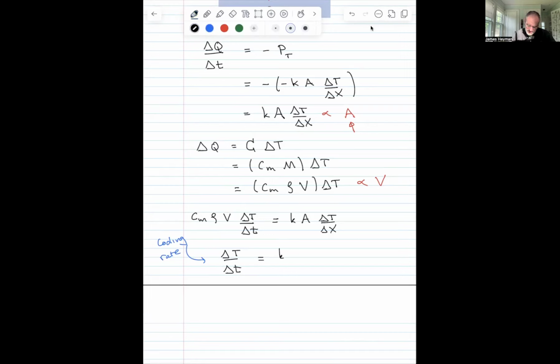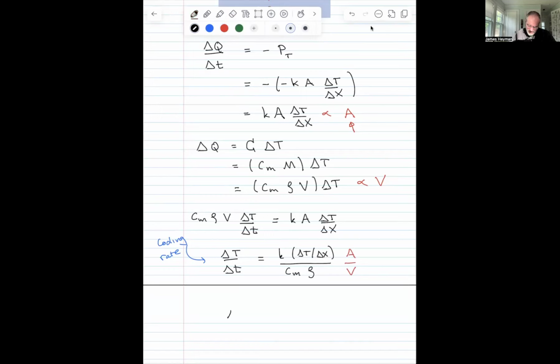And we can write this as K times the thermal gradient divided by the specific heat and the density, with the area in the numerator and the volume in the denominator.